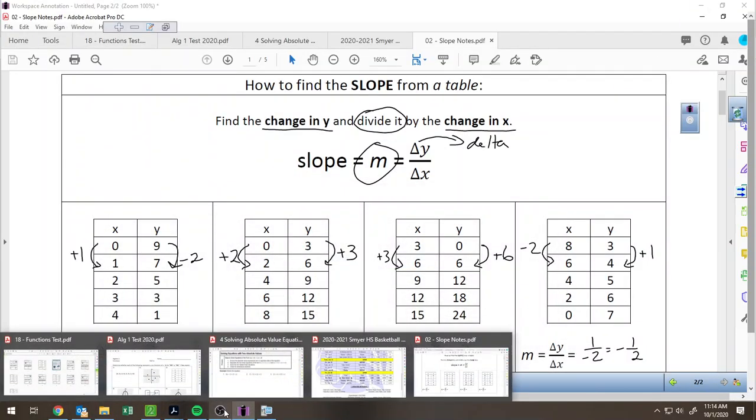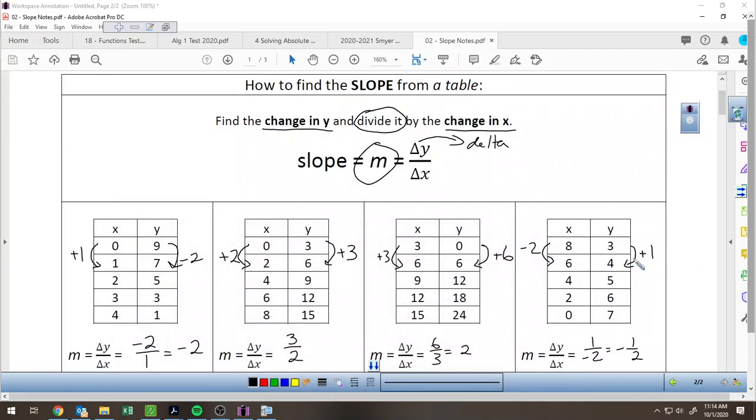On this first one, the change in y was 6, the change in x was 3, 6 over 3 is just 2. On the next one, the change in y was adding 1, the change in x was subtracting 2, so negative 1/2. Any questions there? Nothing major, nothing earth-shattering. I think we're all good there.